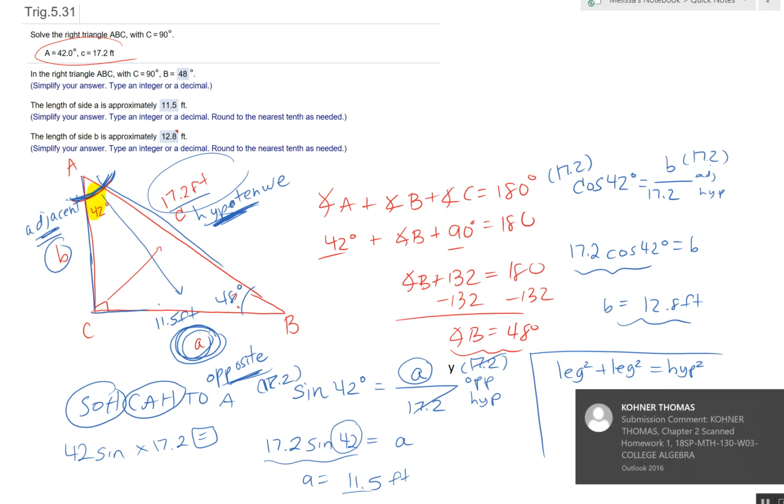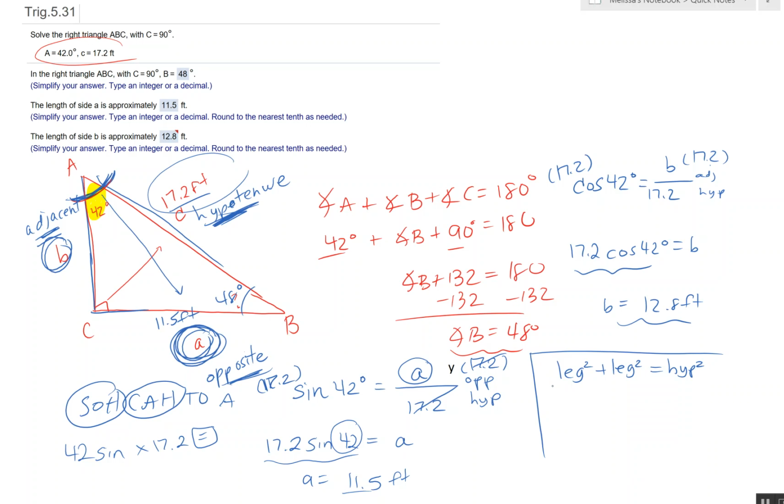So in this figure, my legs are side A and side B. So I could set up the equation 11.5 squared plus B squared equals 17.2 squared. Next, use your x squared key on your calculator to solve these numbers that are squared and write those down.